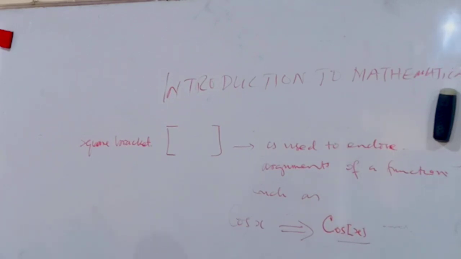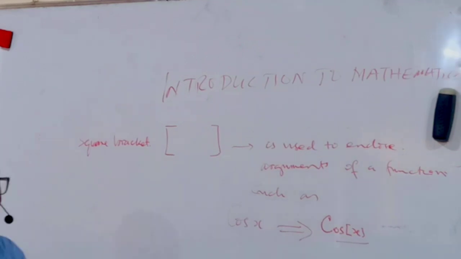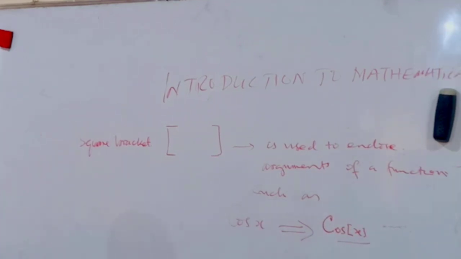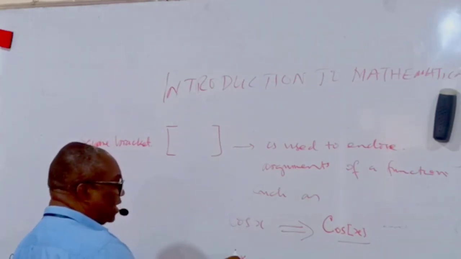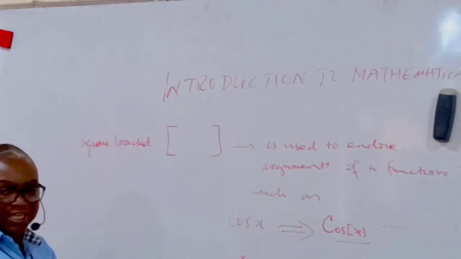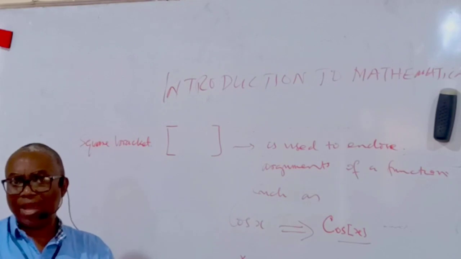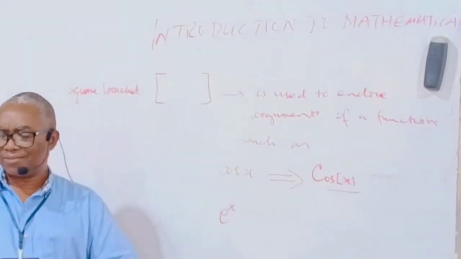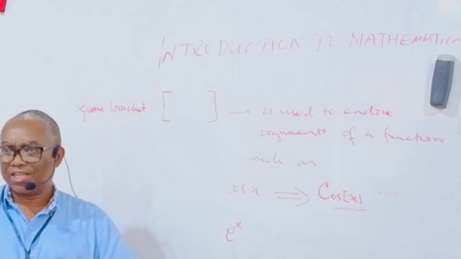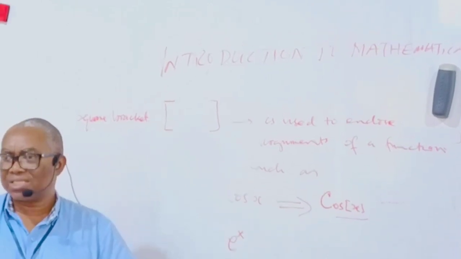That is why we use the square bracket to enclose our arguments during computation. Now, you can also say e raised to the power of x is an exponential. The way Mathematica understands it, the exponential is an inbuilt function.